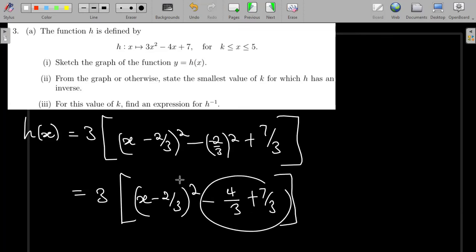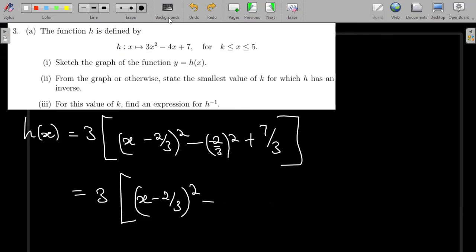So now we can add these two here. So that will be -4/3, and then plus 7/3. So, okay, I almost made a mistake.